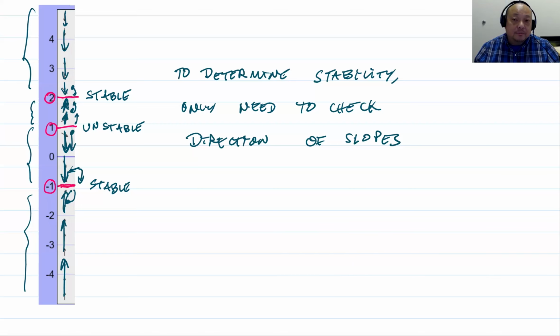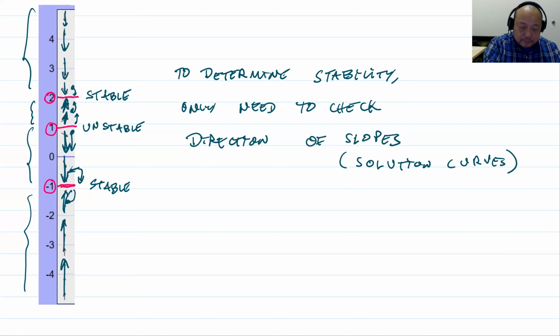Great. How do we determine the direction of the slope? What does it mean when a solution curve is increasing? To be more precise, the slope here is actually the slope of the solution curves. And to check whether a slope is going this way or that way, all I really need to do is check the sign of the slope.